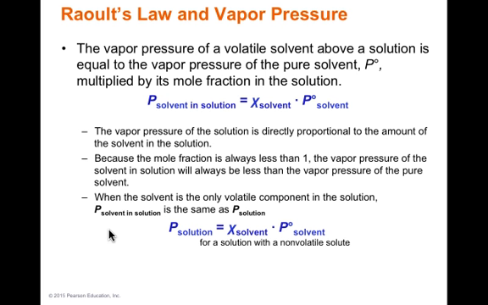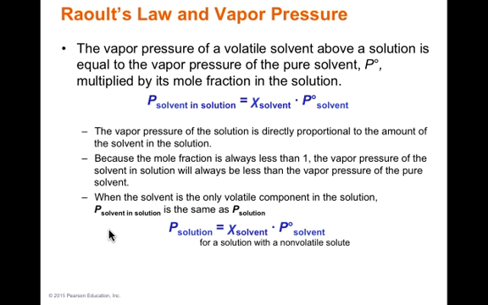Using Raoult's law, we can find the vapor pressure of the solvent above a solution by multiplying the mole fraction of the solvent by the vapor pressure of the pure solvent at a given temperature. In a pure sample, the mole fraction of the solvent is 1. In a solution, the mole fraction of the solvent is always less than 1.